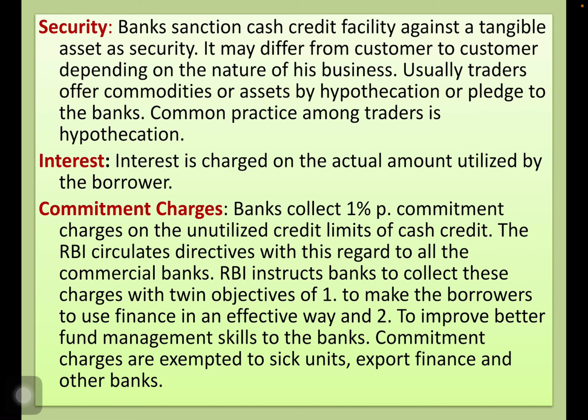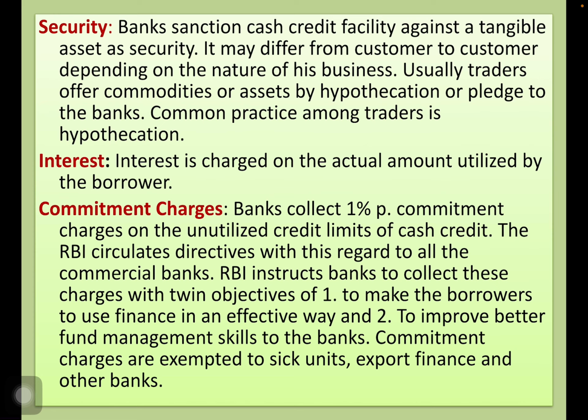Coming to the other part, what will there be on the remaining part? That is, they collect a commitment charge. Banks usually collect 1% commitment charges on unutilized credit limits. The RBI circulates directives in this regard to all the commercial banks. RBI instructs banks to collect these charges to make borrowers use finance in an effective way.